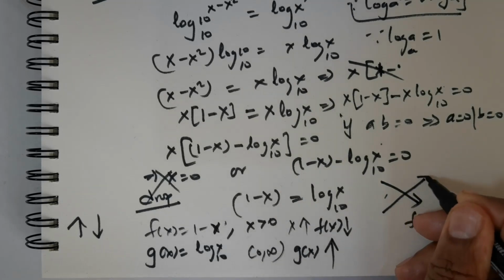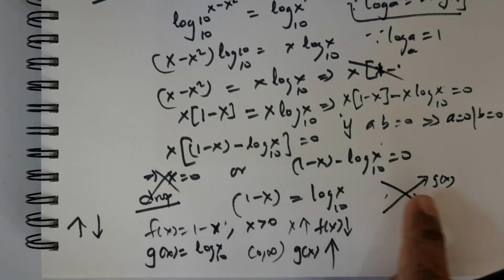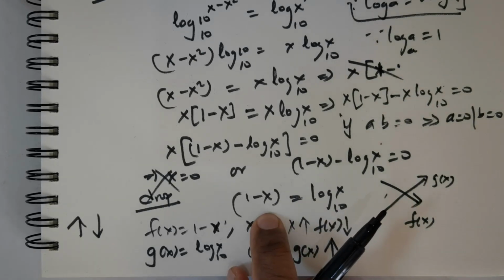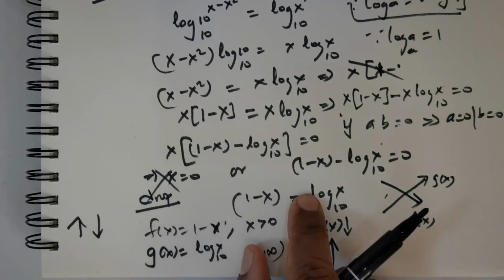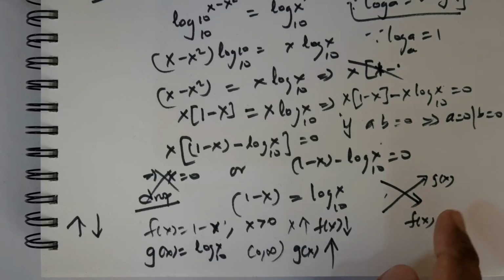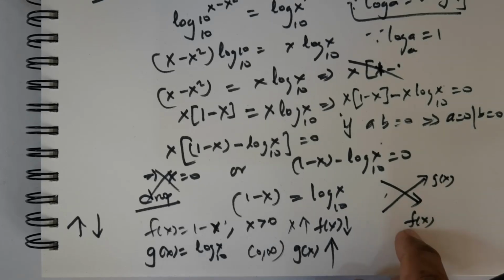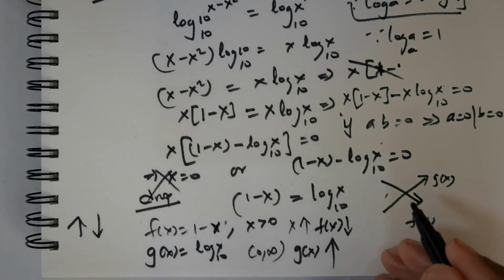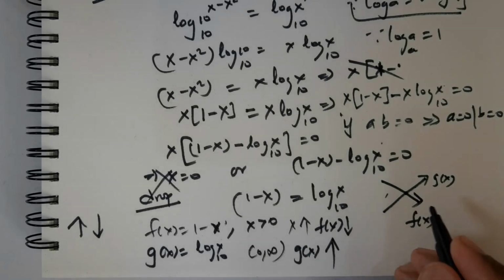This is strictly increasing. Now these two functions have to meet for the system to exist. If you want the system to exist, these two functions f(x) and g(x) should intersect. And when is that possible? They can only intersect at one particular point.